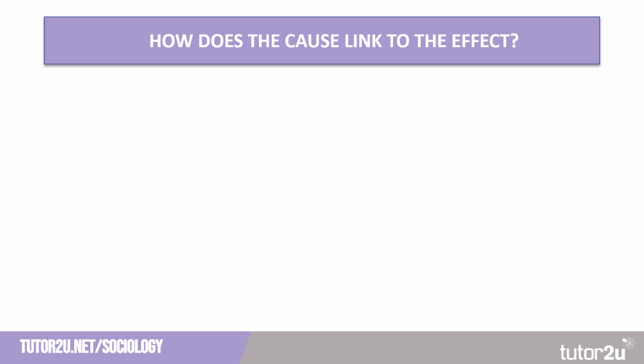What students need to do in this type of question is show how the cause, that is consumerism and consumer culture, links to the effect, how it shapes class identity. There are numerous ways in which this can be done. Firstly, we can talk about the concept of conspicuous consumption, the idea that people purchase goods to show their status within society.